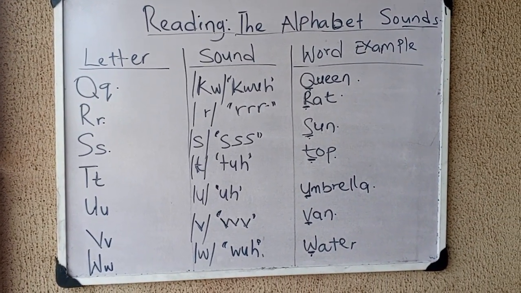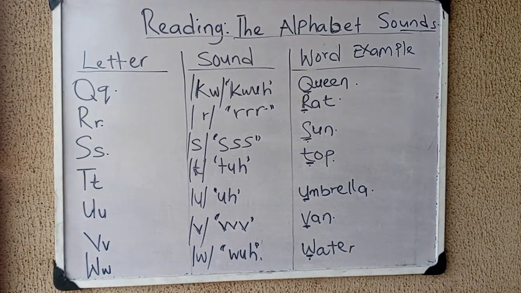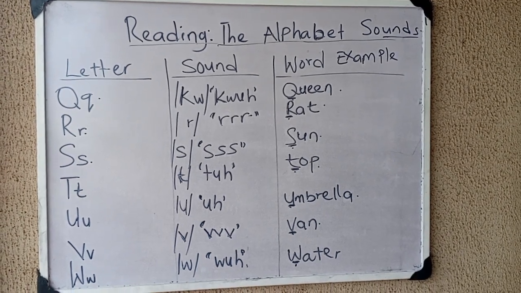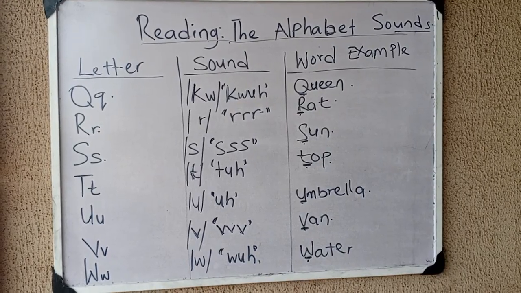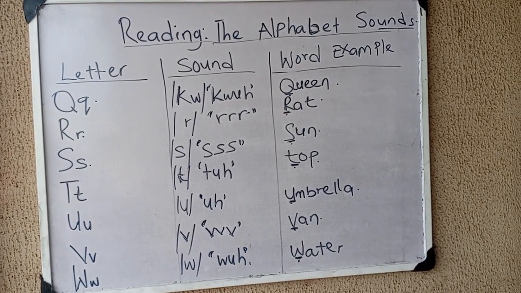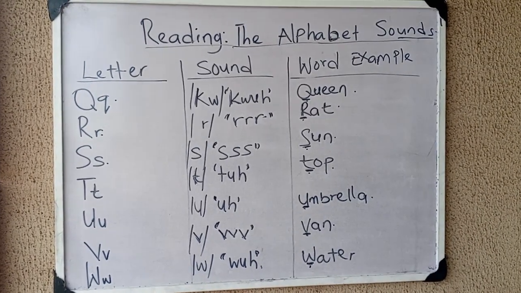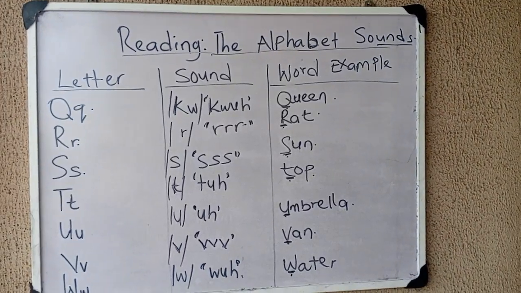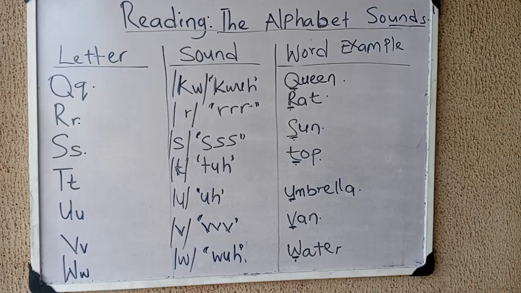Now this sound is common to that of the snake hissing sound. So if anytime you hear this sound around you in your environment, in your neighborhood, we're told that's the snake sound.